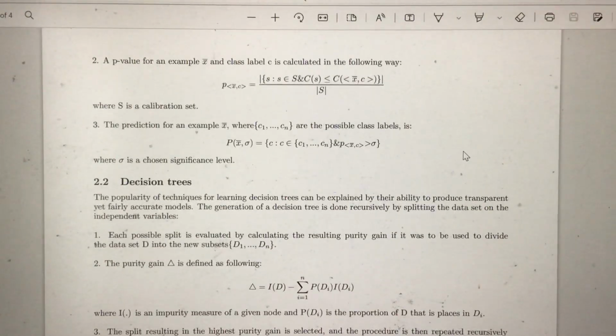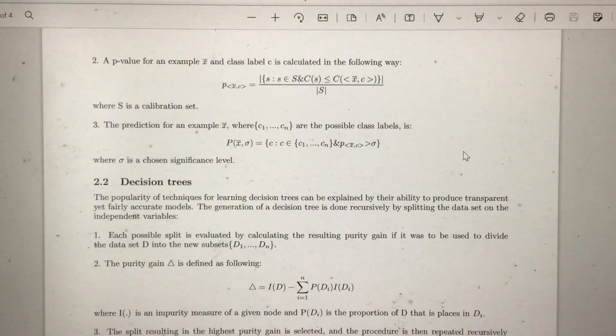Okay, so the p-value for the example x̄ and the class label c is calculated in the following way. That will be the absolute value of the set of s in S such that C(s) is smaller or equal to C(x̄, c), and the denominator will be the absolute value of S, where S is the calibration set.